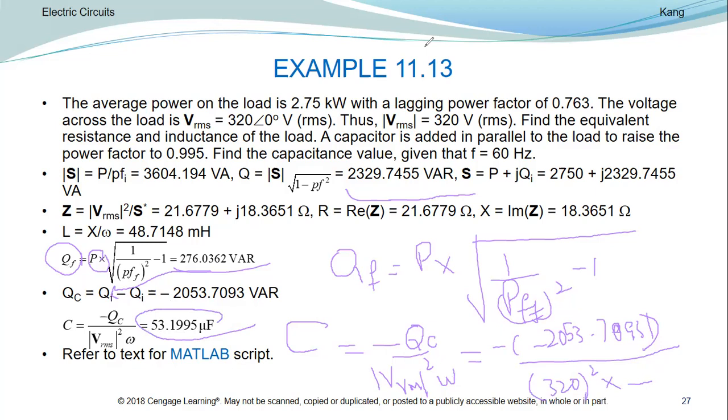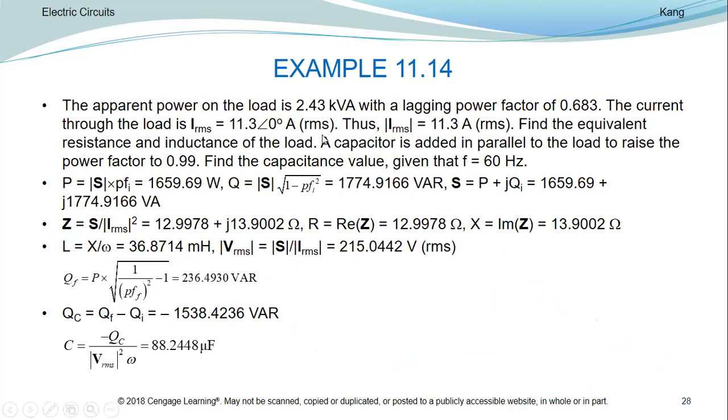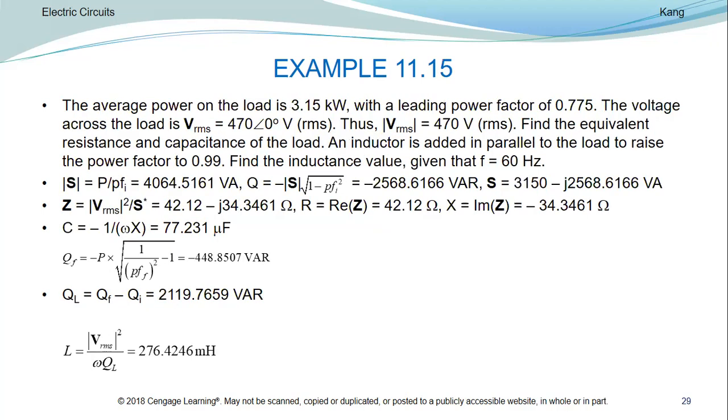You need to put the values of S, P, Q, the power value and the PF value to find this in MATLAB. Okay, this is the same as before. Example 11.14 is also the same, just using the same formula to find the values.